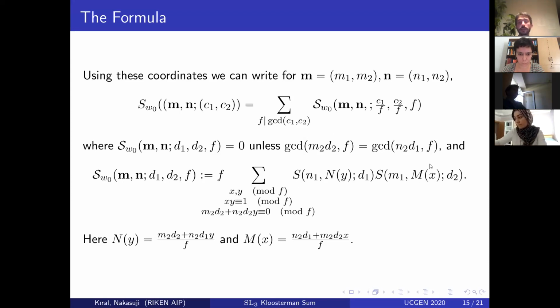This is the classical SL2 Kloosterman sum. So that was what I hoped would happen, and it did happen: we get a Kloosterman sum times another Kloosterman sum. You notice this D1, this Kloosterman sum is coming from the first matrix in this triple matrix factorization.